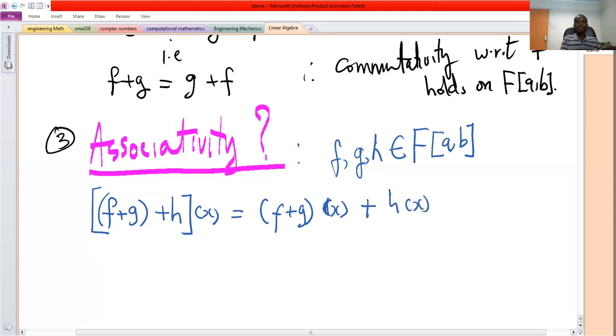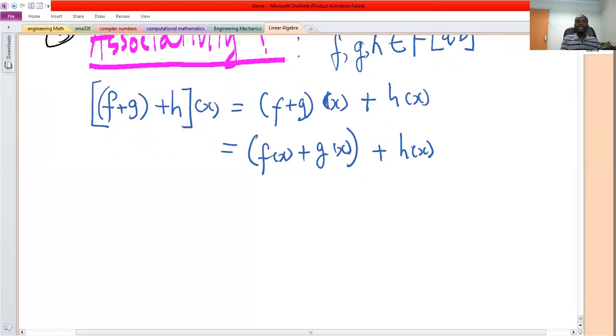This is by definition of doing this sum. And then this other part is the same as f of x plus g of x, and then plus h of x.